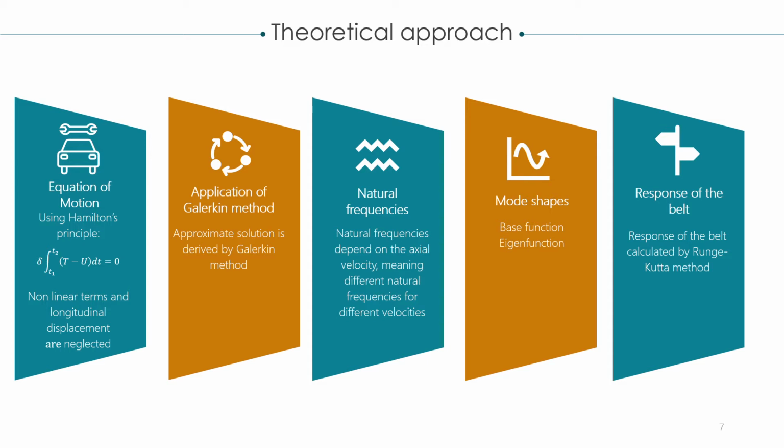After this step, the natural frequencies can be approximated and plotted for different axial speeds, which will turn out to have a significant effect. Once the approximation has been made, also the mode shapes will be plotted. Lastly, the response of the belt to a point force at midspan can be visualized by modeling the force as an impulse, which I will come back to shortly.